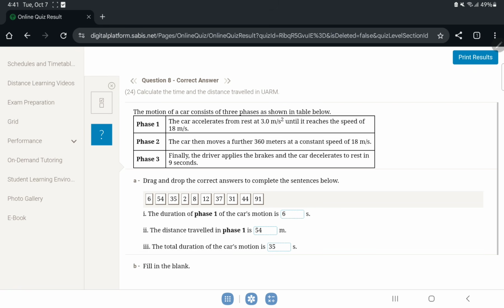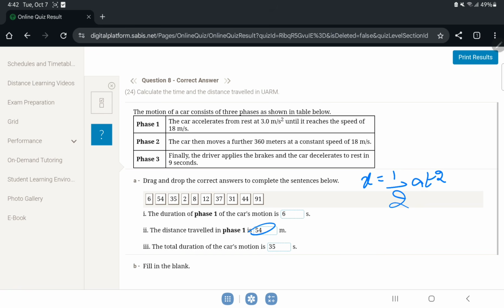We can use many rules. We can use x is equal to half at squared plus v initial t plus x initial. Since it starts from rest, this all cancels out. So 1/2 times acceleration, which is 3, times t squared, so 6 squared, and you will get 54 on the calculator.